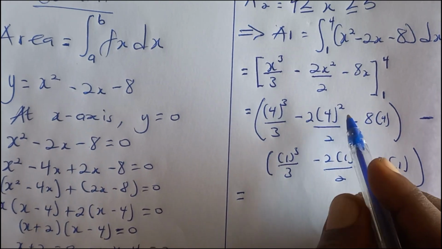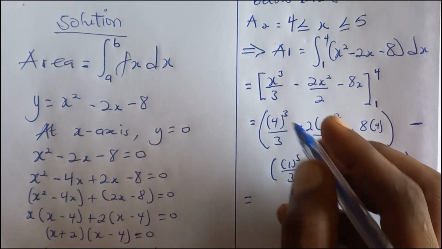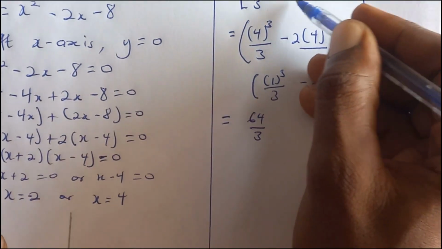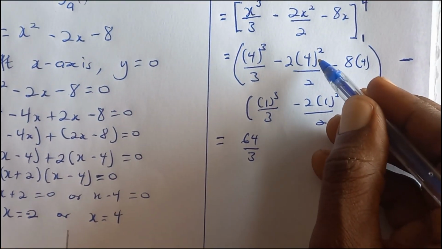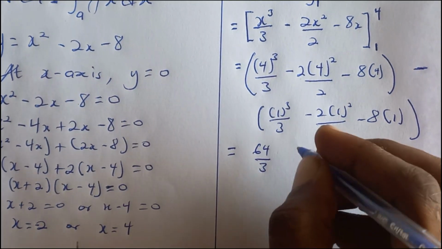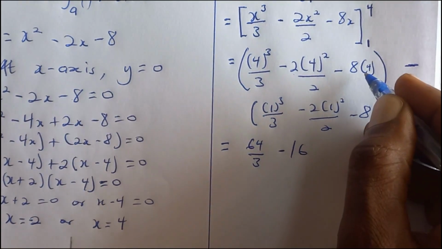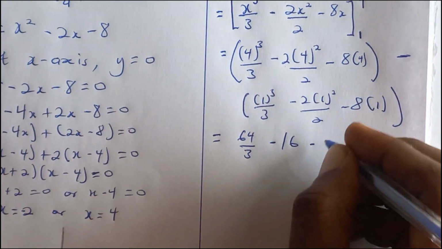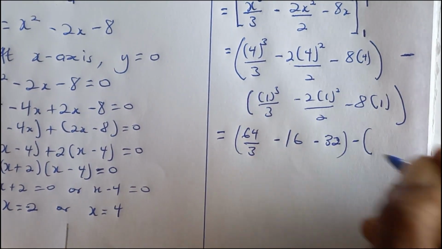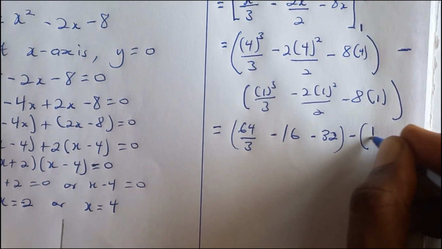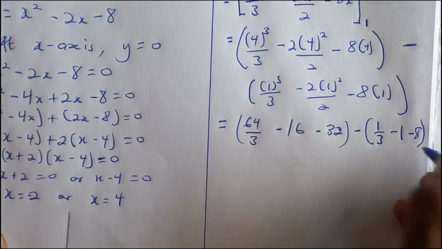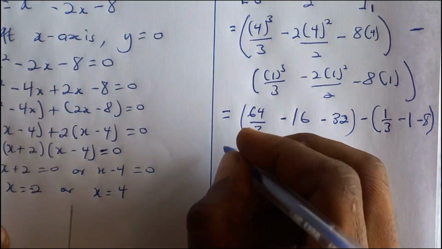So when you sum all this, 4 to the power 3 is 64 on 3. Then 2 into bracket 4 squared, everything we are getting 16. We are getting 32, 8 times 4. Then this one too, we have 1 on 3 minus 1 minus 8. Good. So let's simplify this.